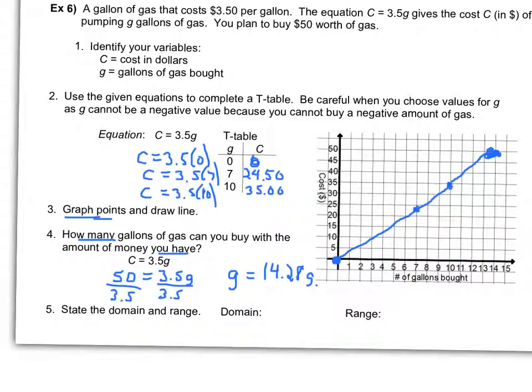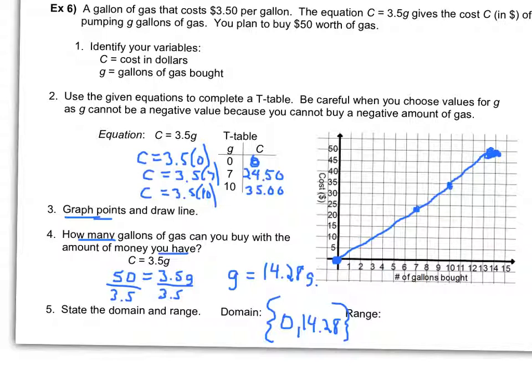Now we get to use this real life example to state a domain and a range. The domain is your x values. If you look at your x values, x starts here and then goes all the way over and stops there. So your domain is going to be 0 to 14.28, because that's the maximum number of gallons that you can buy.